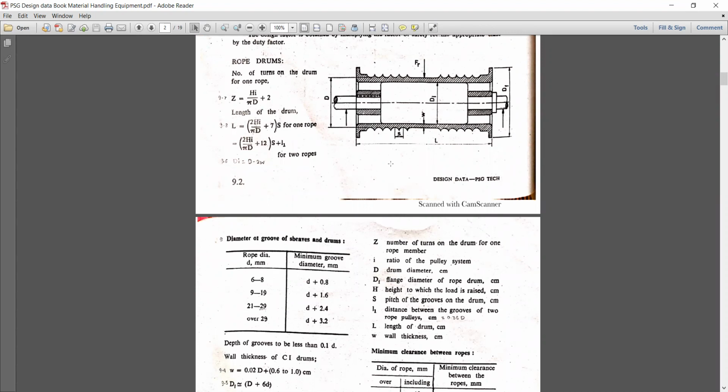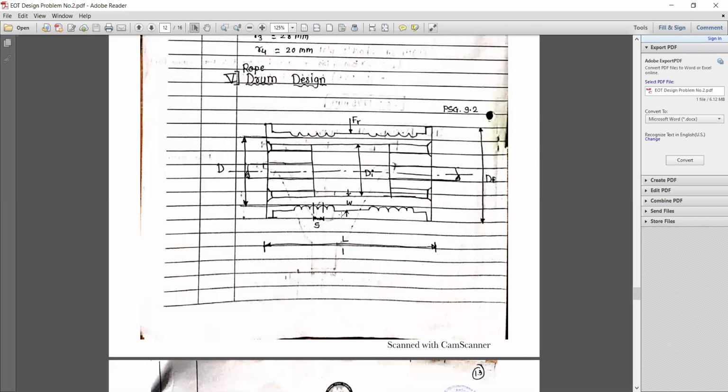While designing this rope drum, you have to first of all draw this diagram roughly so that the examiner could get an idea what we want to do. Formulas are given at the left side, so it is very simple to design the rope drum. Okay, let's see how we have designed. So first of all, draw this diagram.